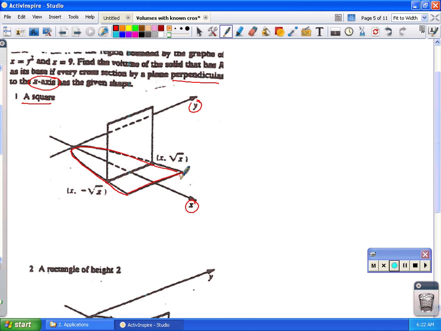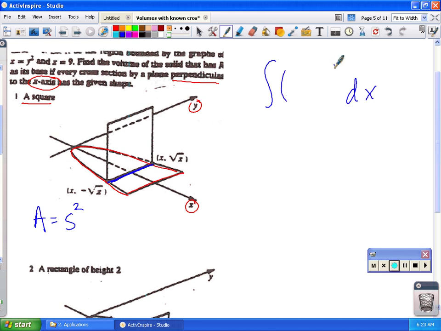You don't really have to draw that three-dimensional square. What you really need to be able to do is identify the length of a side of a square. Here's the process. Since I'm making a cake in the shape of a square, the first thing I'm going to do is write down the formula for the area of a square, which is side squared. This problem is in terms of x because we're perpendicular to the x-axis, so we're going to have dx.